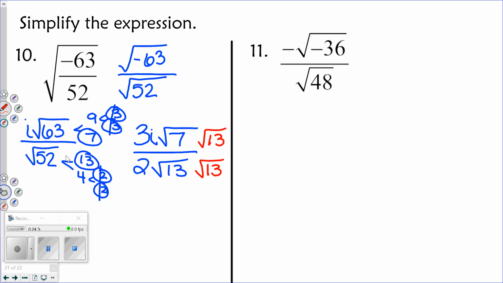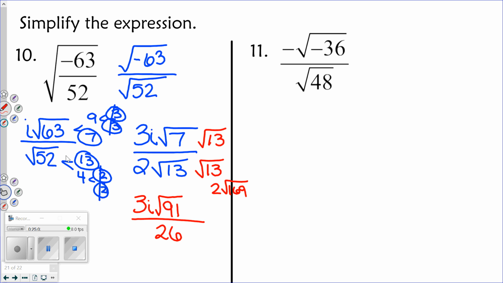So on the top, what is 3i times radical 7 times radical 13? 3i radical 91. On the bottom, that's going to give you 2 radical 169, but the square root of 169 is 13, times 2 gives me 26.